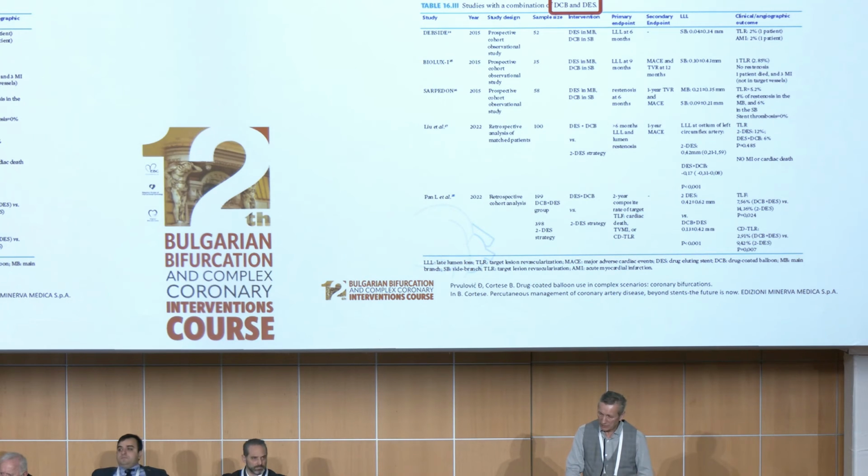DCB in side branch, and the last 2 retrospective with a huge number of patients, 2-stent techniques and DCB in side branch. And again, DCB have 2 to 3 times better results than 2-stent techniques.